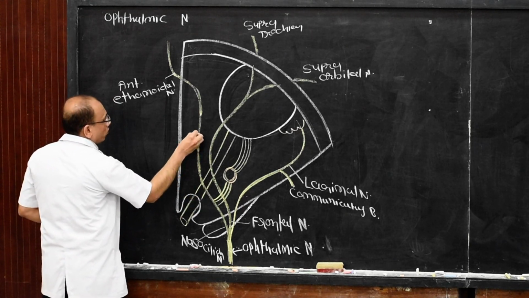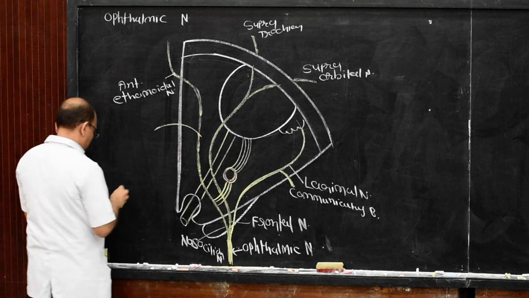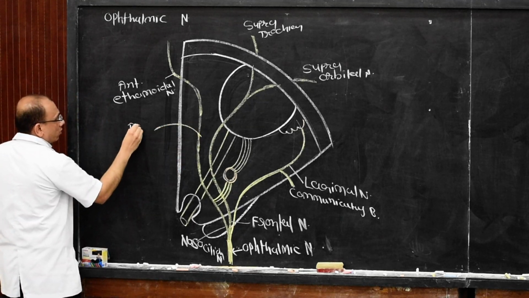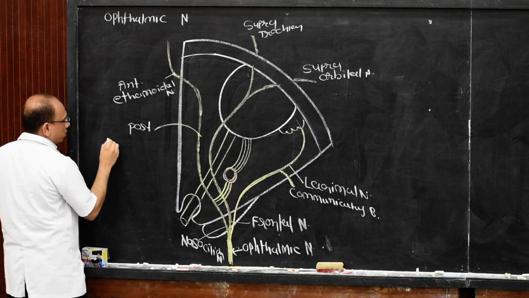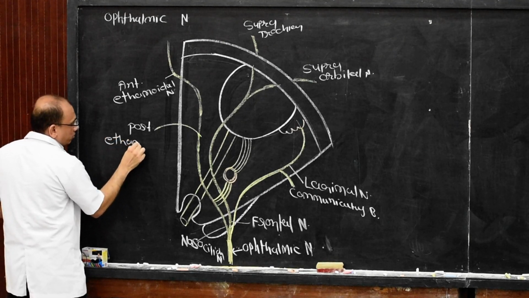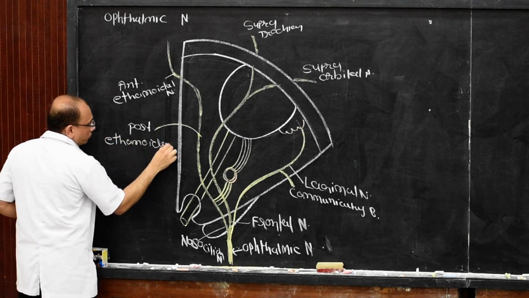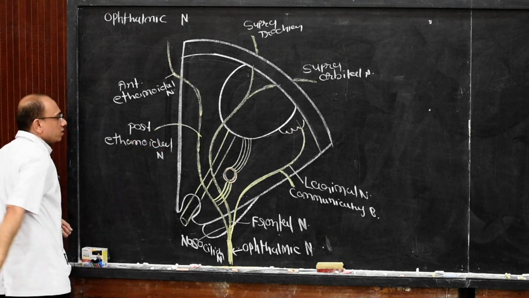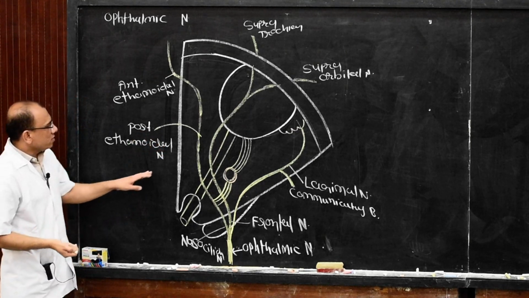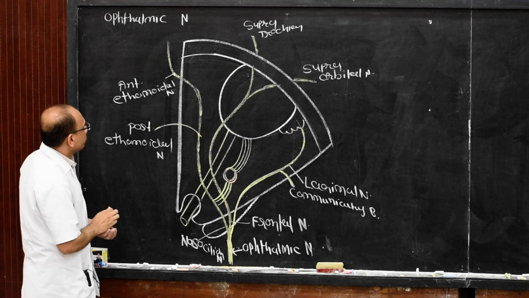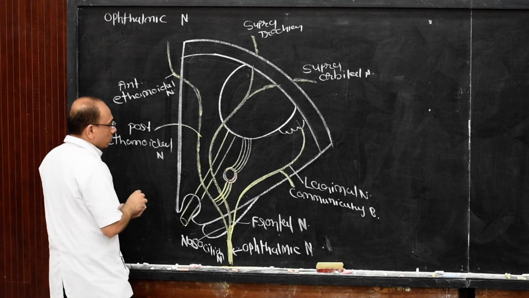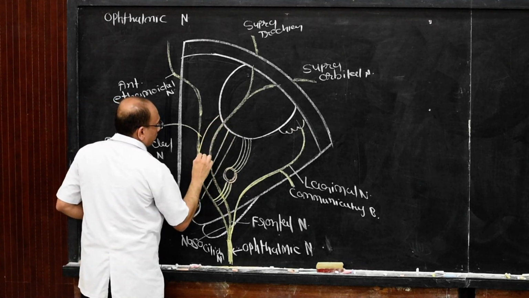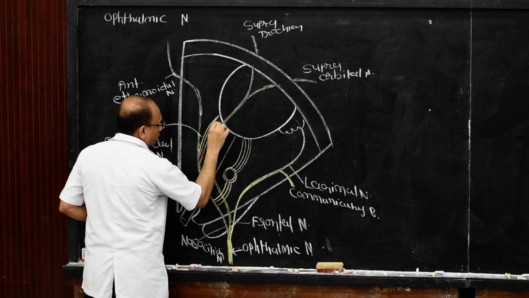Then it gives the posterior ethmoidal nerve. Here I am drawing it. This one is the posterior ethmoidal nerve. This supplies the ethmoidal air sinuses and sphenoidal air sinuses. Then the long ciliary nerves.